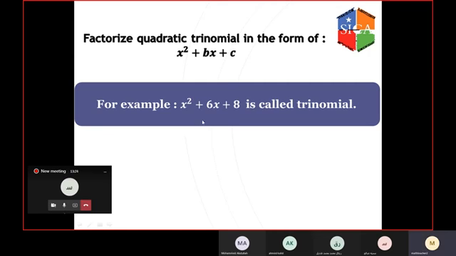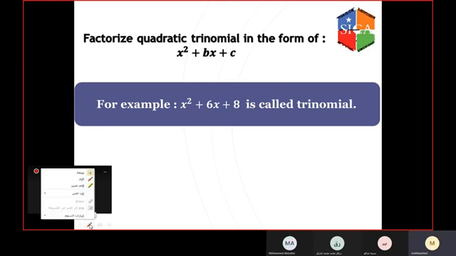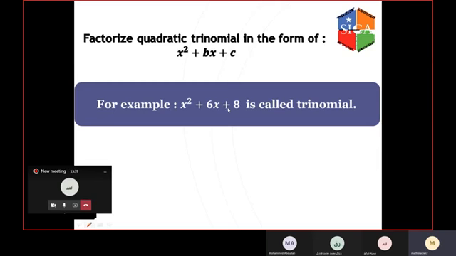First of all, we look at the sign of the last term, which is positive 8. Just the sign, not the 8.